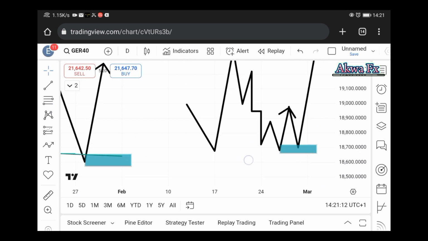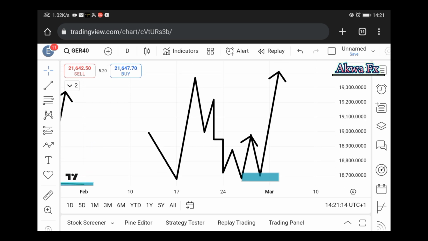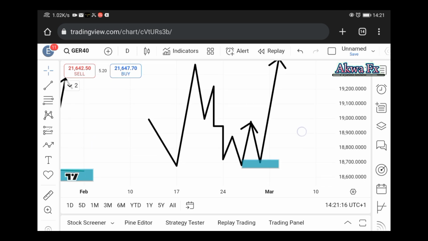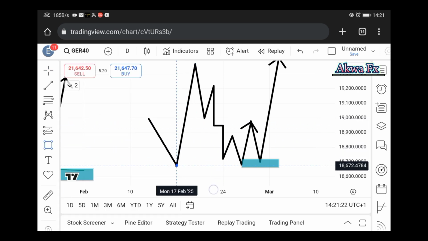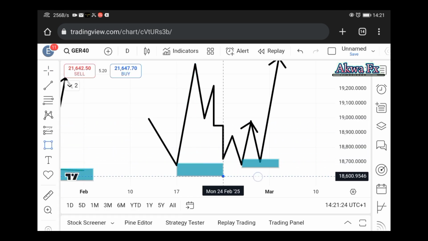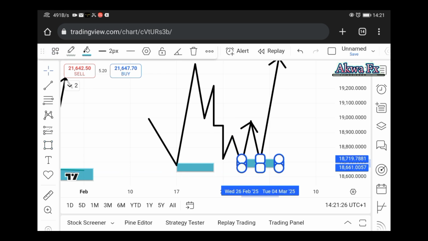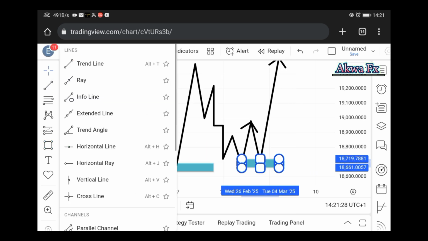So another type of liquidity grab that we are going to be looking at is this very one. The market was going up, thereby breaking this very structure to the upside.